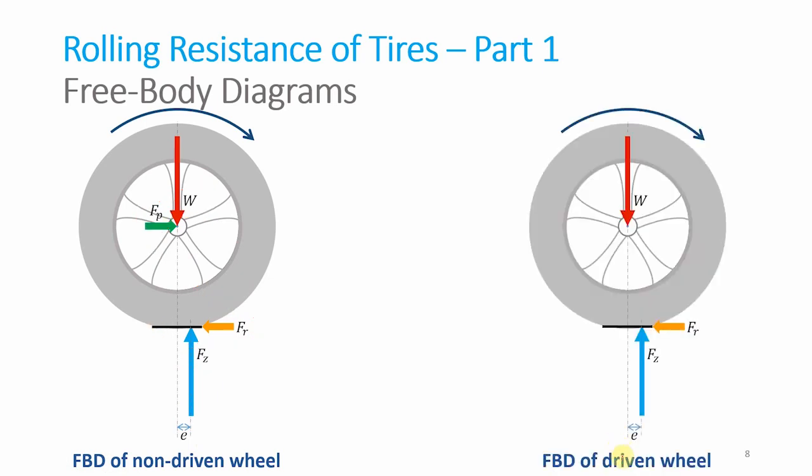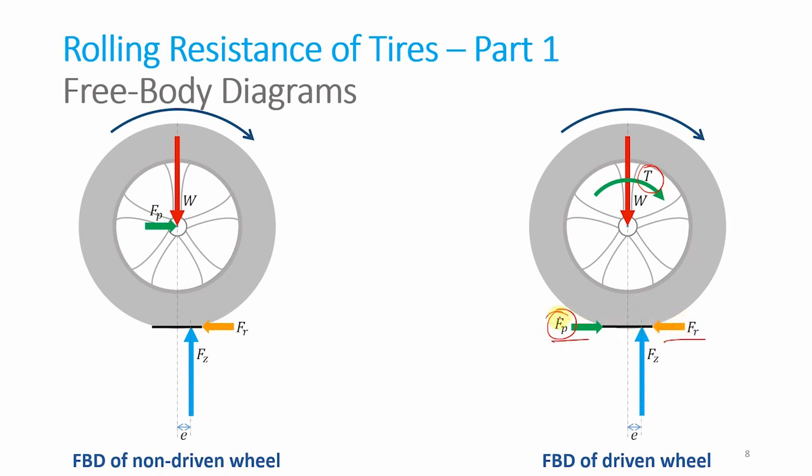Now let's see what happens in case of a driven wheel. For a driven wheel, everything is the same except that instead of a force Fp, a push we give at the center of the wheel, we are going to give a torque at the center of the wheel, so that for that torque there is a reaction force Fp acting at the contact patch, which pushes the vehicle forward, or which sustains the vehicle to keep the velocity constant.